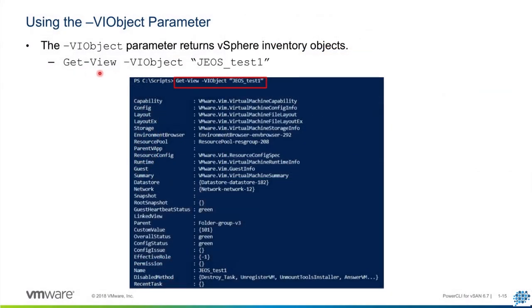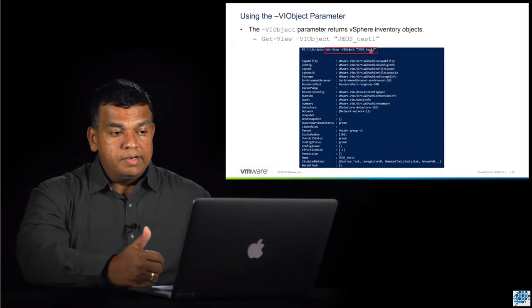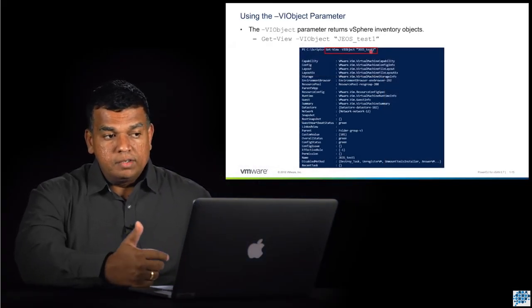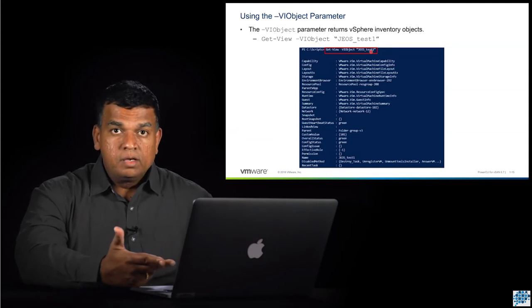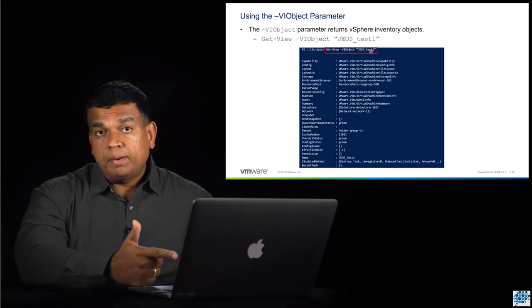So here I'm saying get view using the parameter vi object, and I specify the name of the virtual machine, JEOS_test1, and we get the same output which we usually get with the get view. So this is another alternate way of using the get view to find out information about an object, using the parameter called vi object.